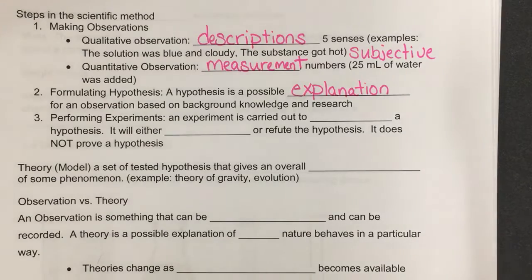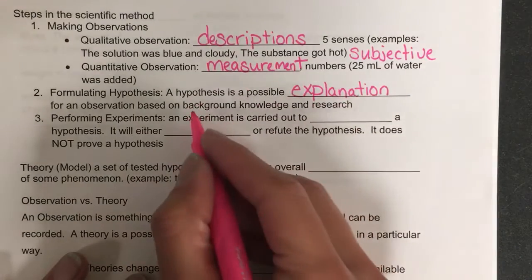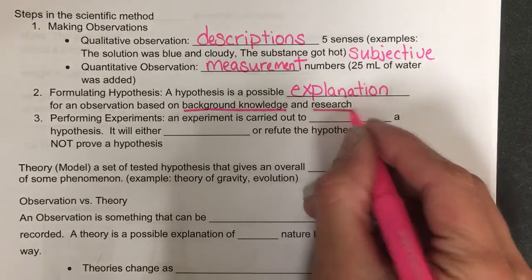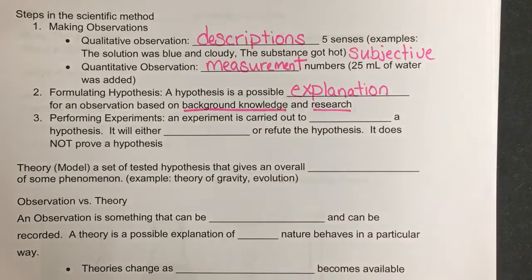The reason is that it's based on background knowledge and research. So you're going to have to explain your background knowledge and research before you can make your explanation. You're not going to just say, if I do this, then this will happen. You'll need to say why that should happen.